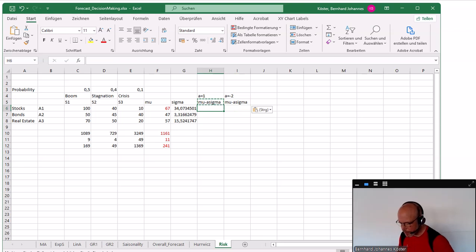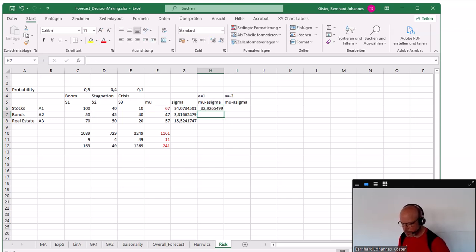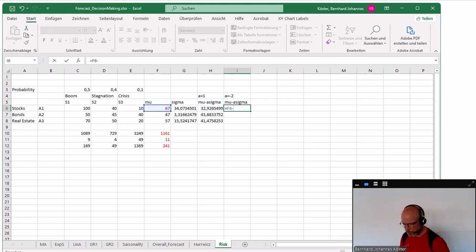And then we have mu minus sigma, and in this case mu minus 2 times sigma. What do you think? What will then be the best alternative? Do you already have a feeling?